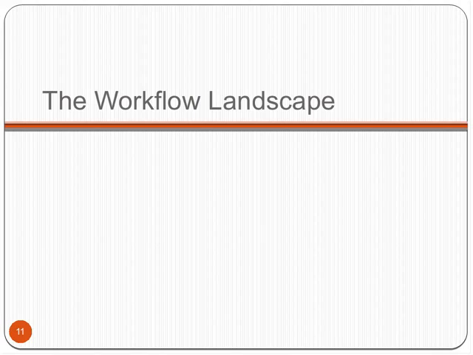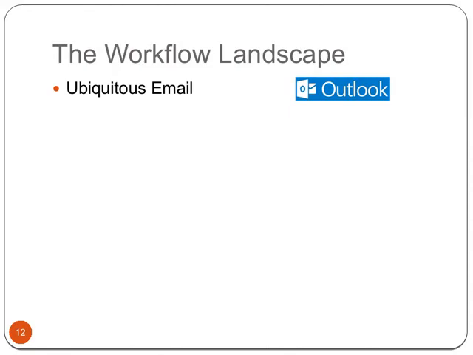Okay, so we'll go into the workflow landscape now. One of the most ubiquitous workflow solutions out there right now is, of course, email. It is in effect used as a very simplistic workflow by virtually every organization. The nice thing about it is you can do anything with it you want.